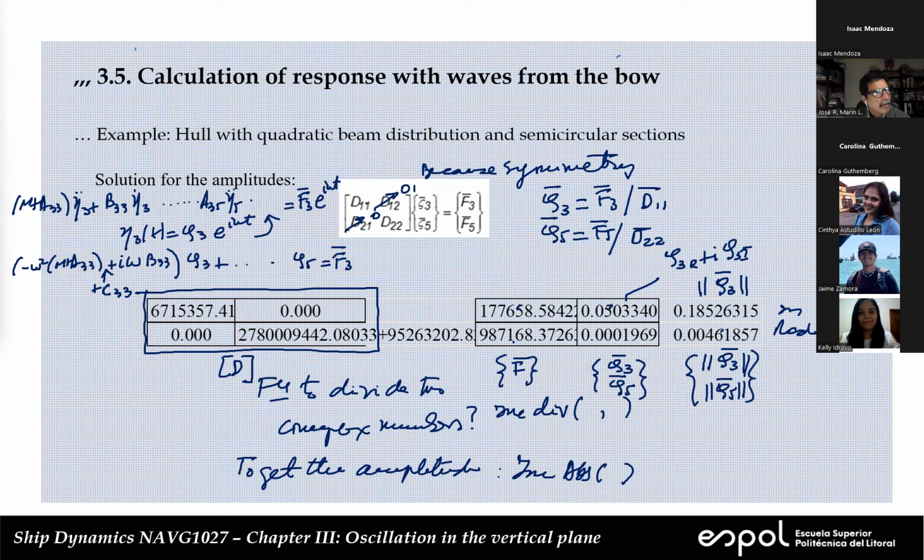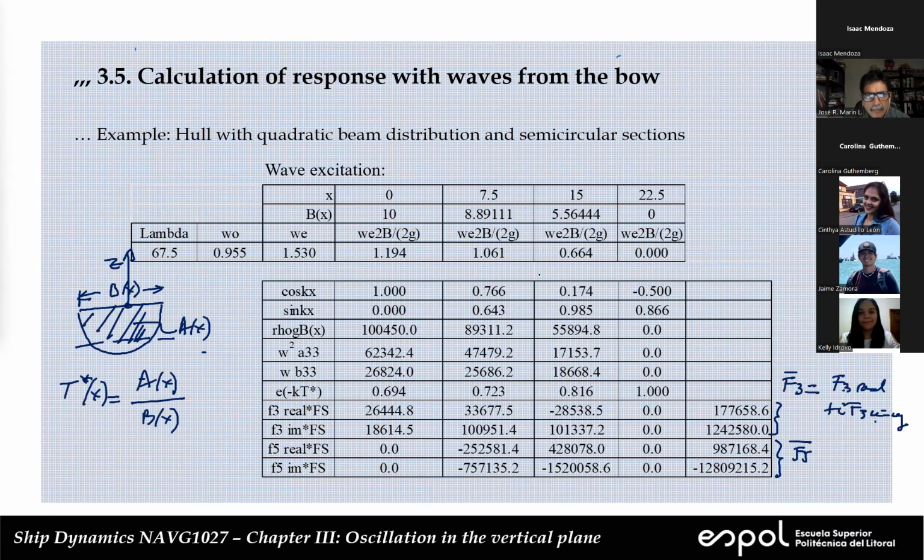Doctor, me and my classmate, Jordan Ramon. Okay, how far have you gone? Yeah, okay, we obtained the forces in Froude-Krylov and diffraction, and today we are doing the amplitude of heave and pitch. Okay. So hopefully with this example, you are able to complete this exercise.